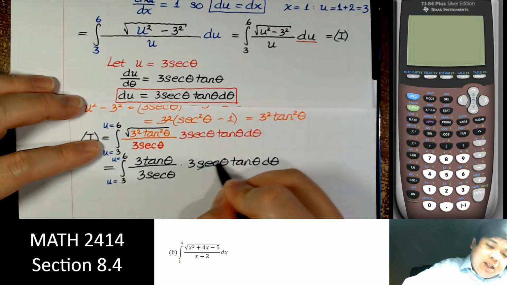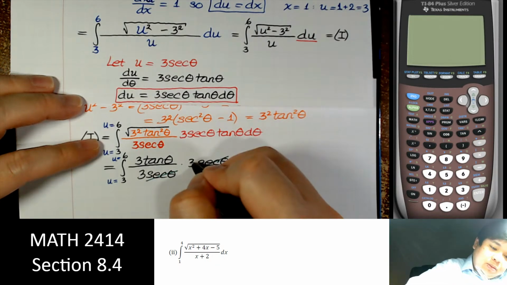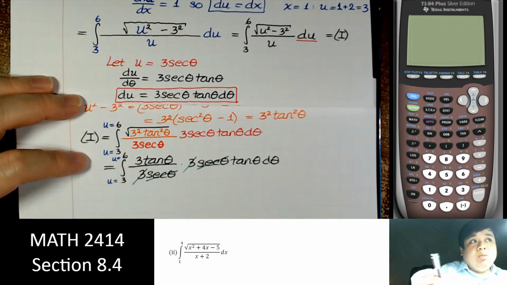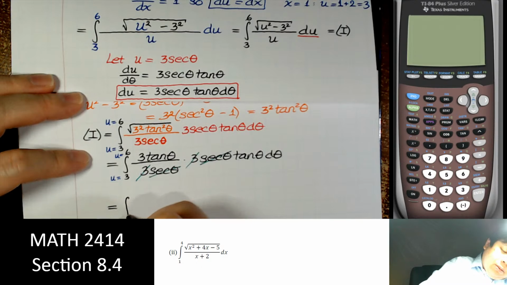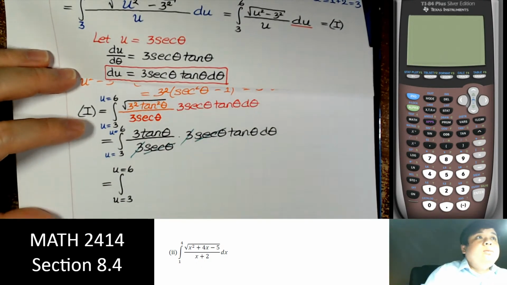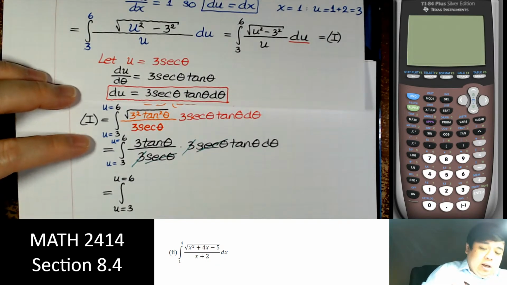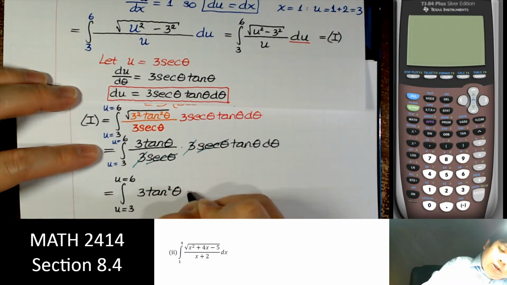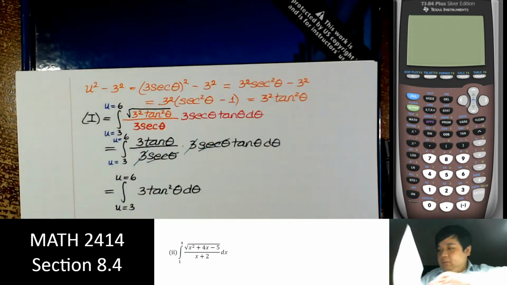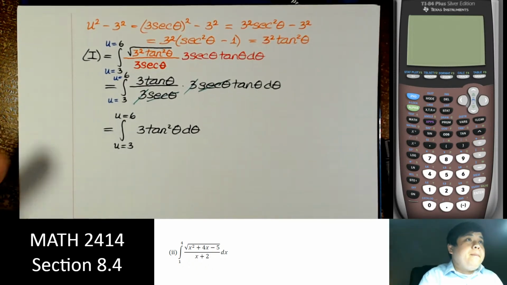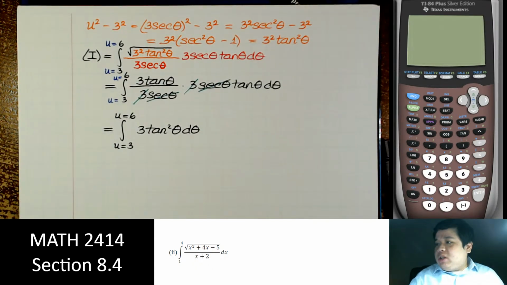Right, now secant cancels the secant, 3 cancels the 3, and we have 3 tangent times tangent, 3 tangent square.